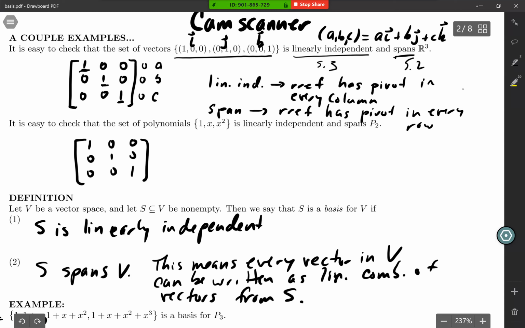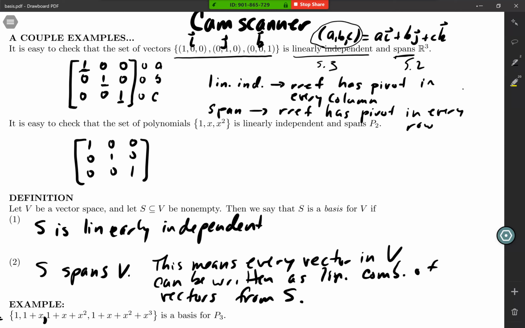And that's the only way I can write a, b, c in terms of i, j, and k. There's no other numbers that I can use to write a, b, c in terms of the i, j, and k. And so that gives us the idea of coordinates of that point, or coordinates of the endpoint of the vector in R3.